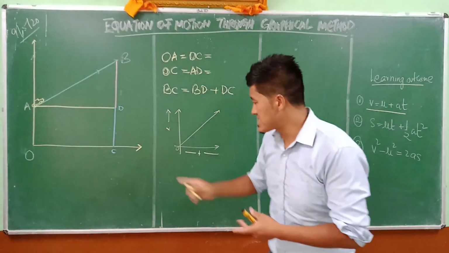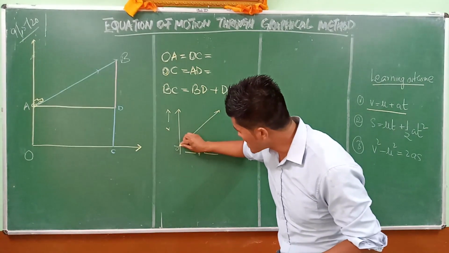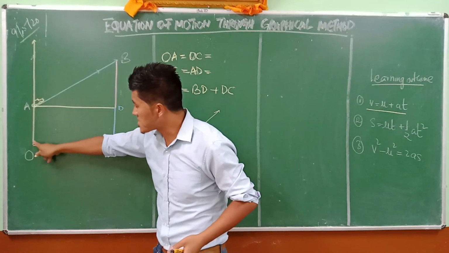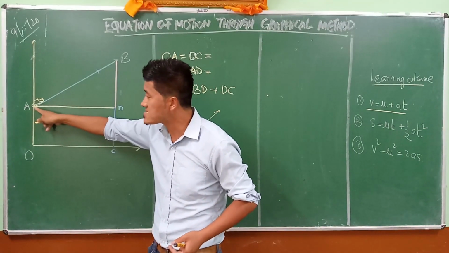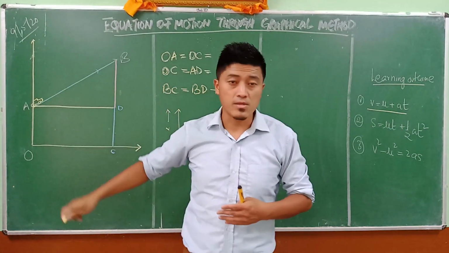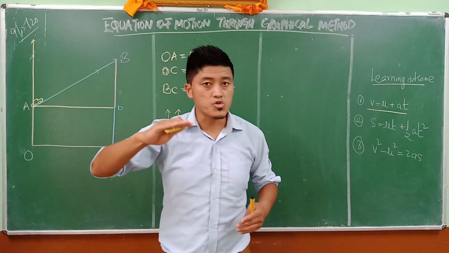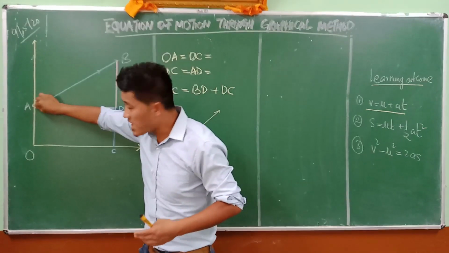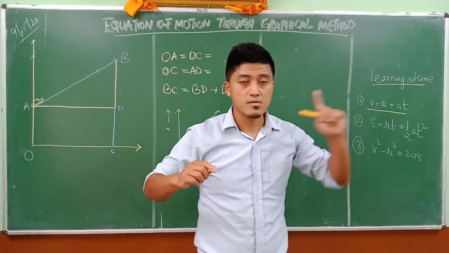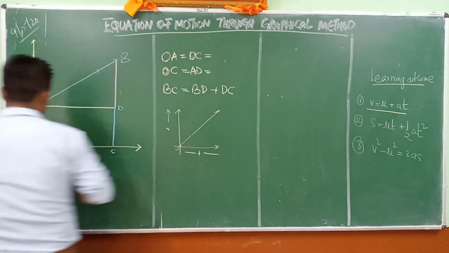For example, over here, this object is starting from the 0 point. But in this case, this object is not starting from here, but instead it has some amount of distance already. So this object is already in motion. Then from the point A, it started moving with uniform acceleration. Is that clear? This is very important here.